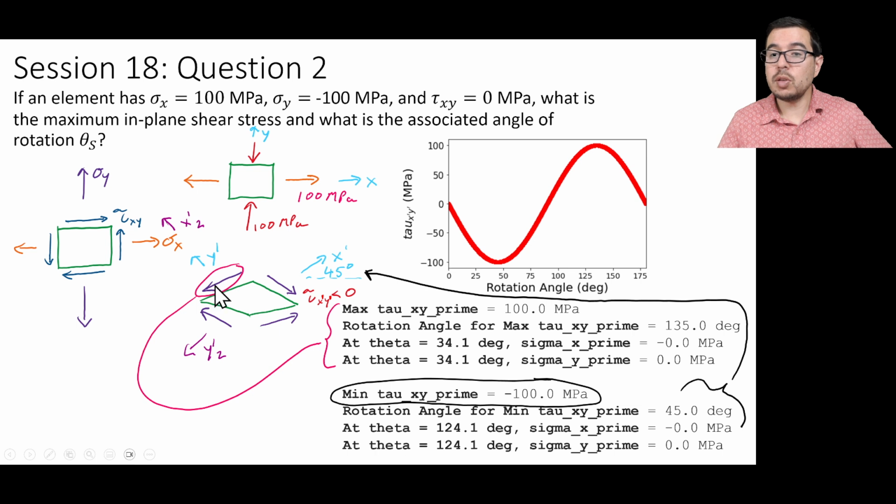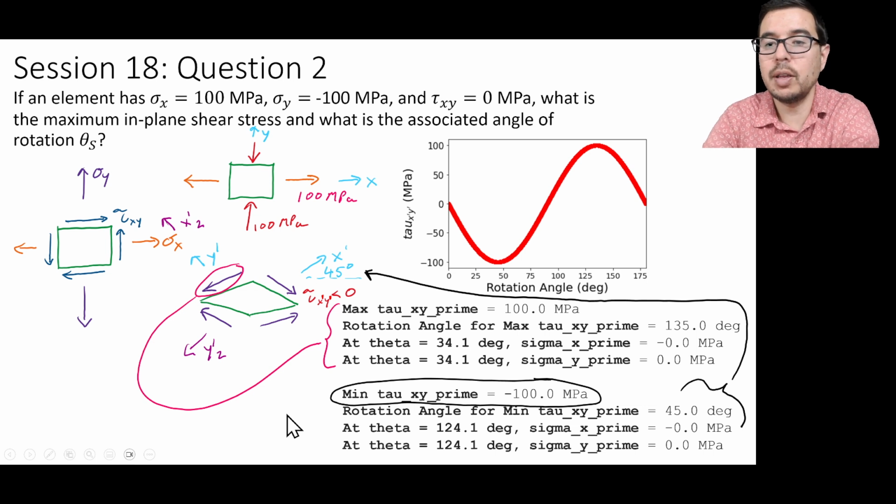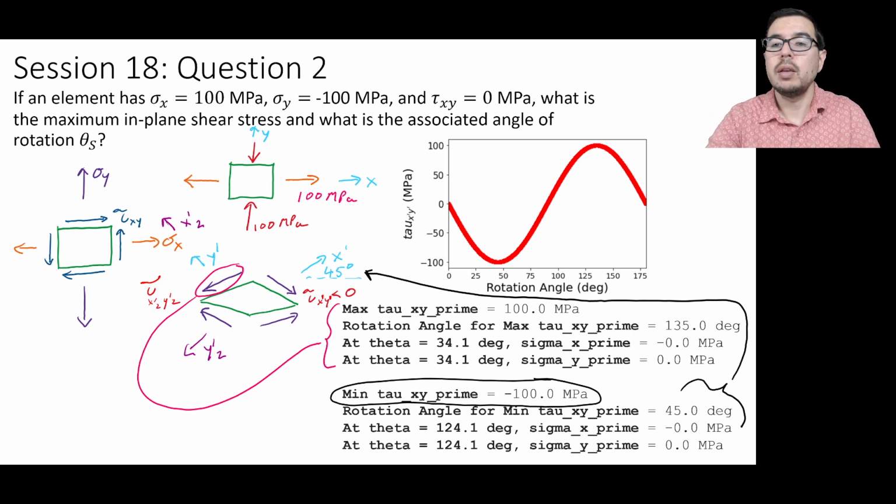That means that this depiction of the stress, tau x prime 2 y prime 2, if we want, we can write that out here. This is going to be positive, and that's what we see as well, that we have 100 megapascals here corresponding to this value.